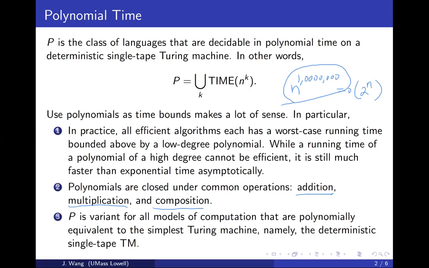Okay, so once again, that's the definition. So P is invariant for all models of computation that are polynomially equivalent to the simplest Turing machine, namely the deterministic single tape. This is the third nice property.